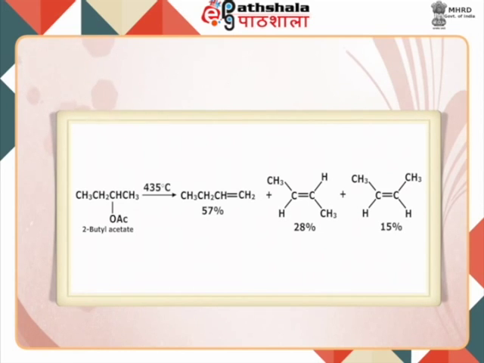And this is because there is less steric interaction between the two methyl groups in the transition state, leading to more of the trans alkene. So, you can clearly see in this example that this elimination gives you the double bond at the first position or at the second position, but when it comes at the second position, out of cis and trans, it is the trans which is the major product.